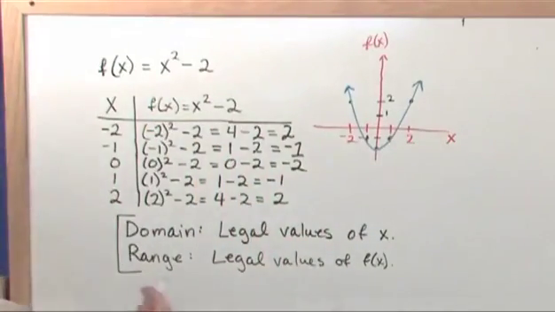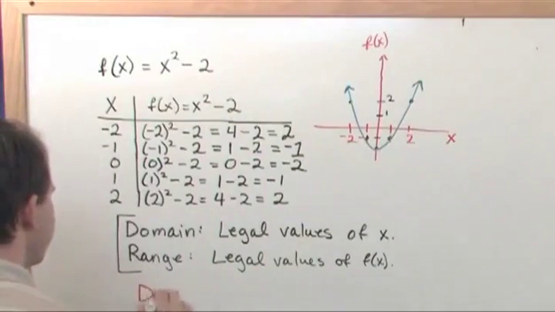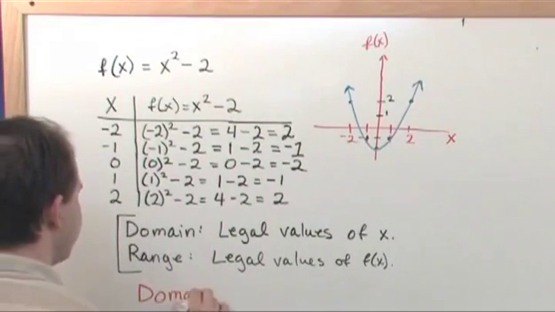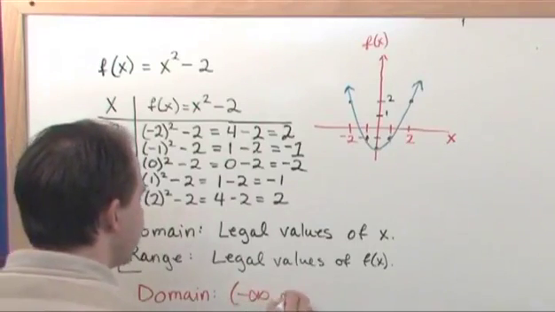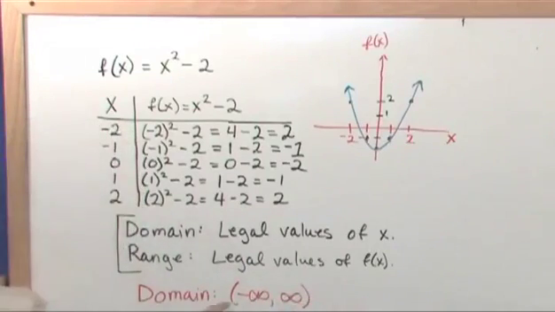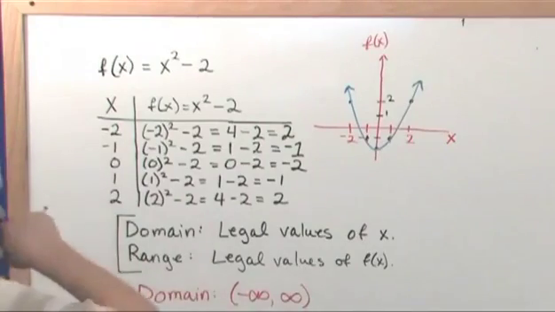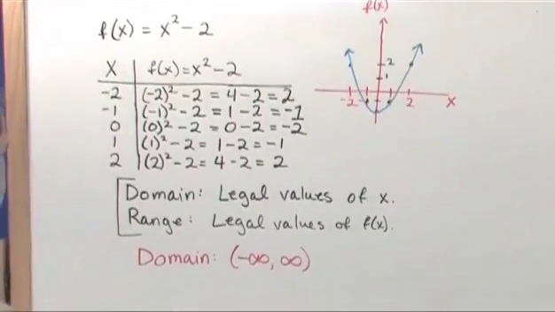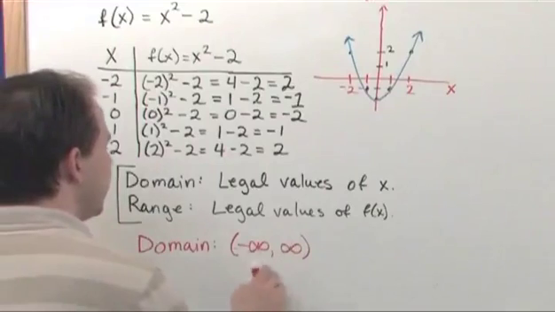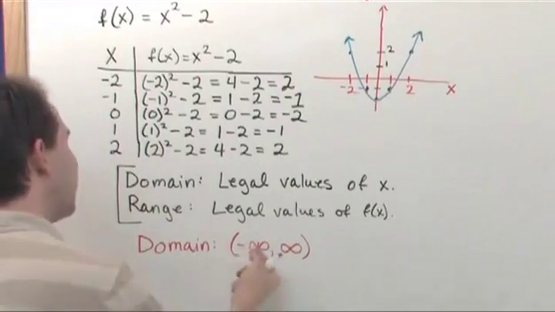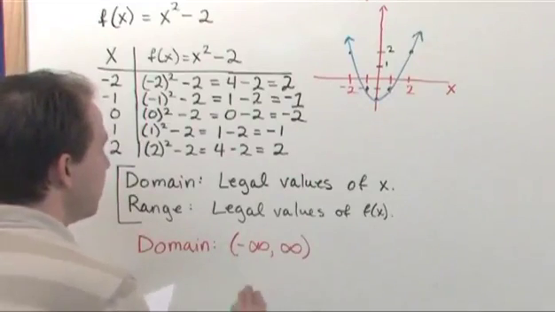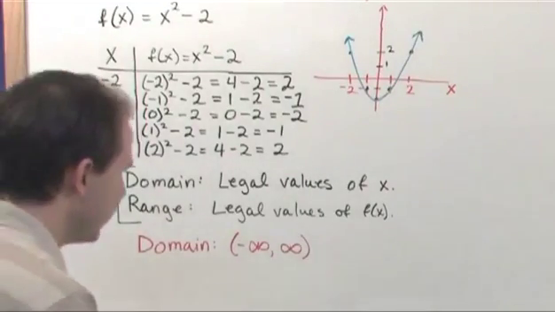So for this problem, the domain of this function, which is what you'll be asked a lot of times, is -infinity to +infinity. Now the parentheses here mean that it's not inclusive. The parentheses mean I can't actually use -infinity as a real endpoint because you can never get to infinity.